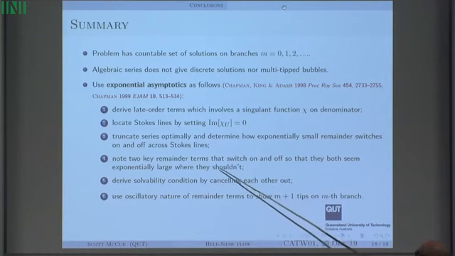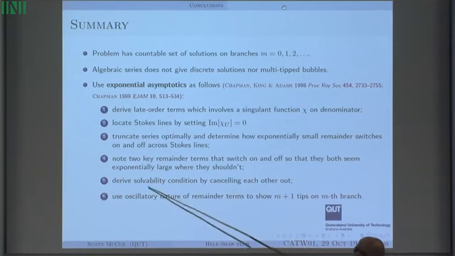In this case, for this problem, you've got these two remainder terms that could be switched on and off, but that doesn't seem to work out because you end up with exponentially large terms, and that would cause the whole perturbation expansion to break down. But the resolution is to write that down as a solvability condition, by making the sum of those two exponential contributions precisely equal to 0.